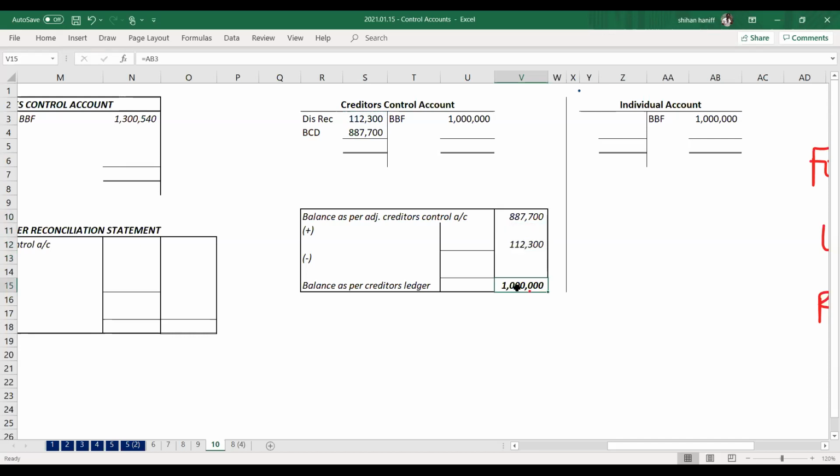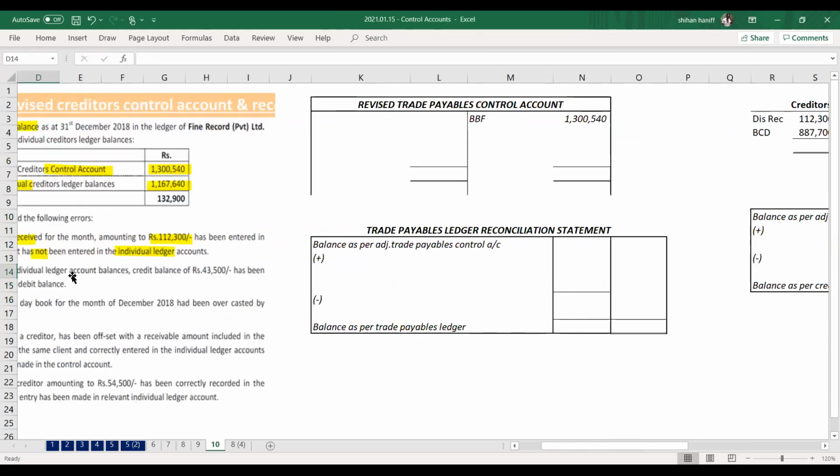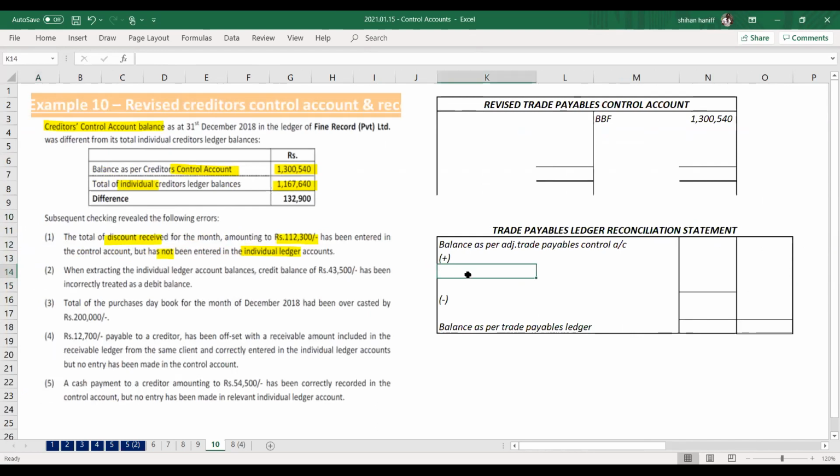Then only you get the answer as 1 million. So it's plus.